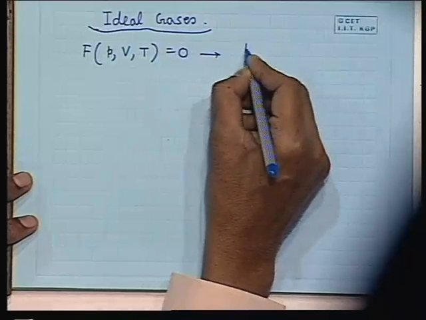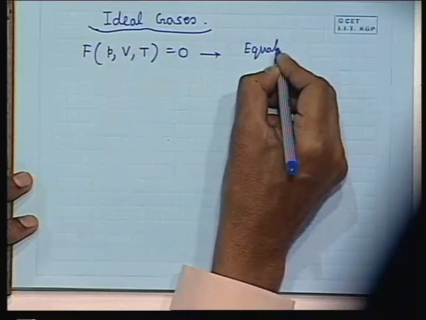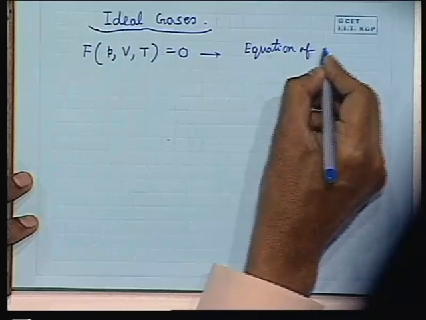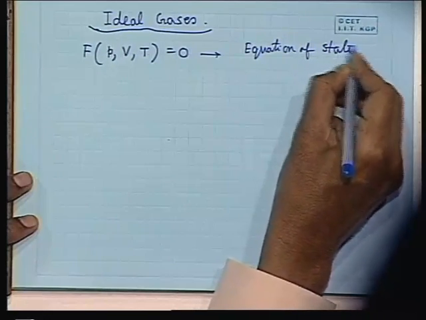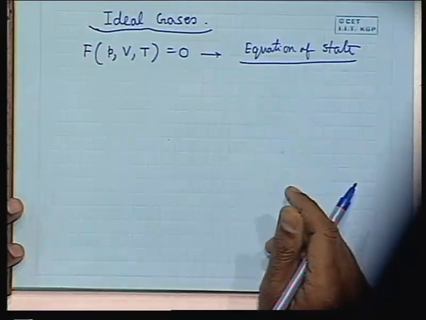So a functional relationship between these three properties is known as the equation of state.